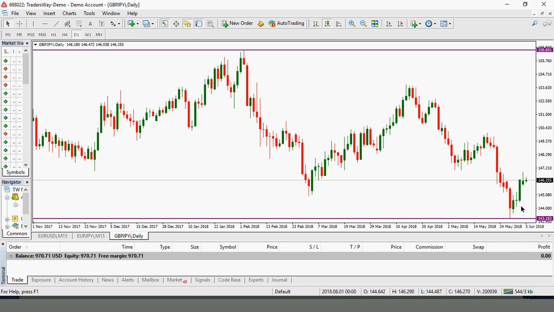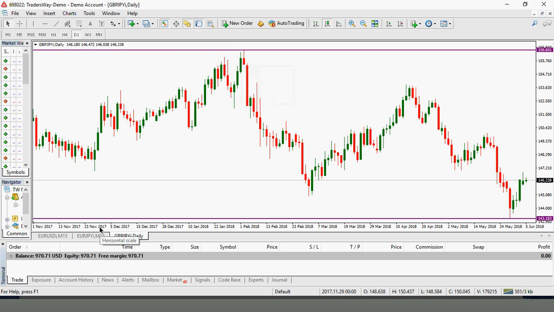The current sentiment on the daily chart is an uptrend. The current trend is an uptrend. But the major trend on the chart, let's see here, is going up, slightly goes downward for a few days, and then it goes up, continues to go upward.